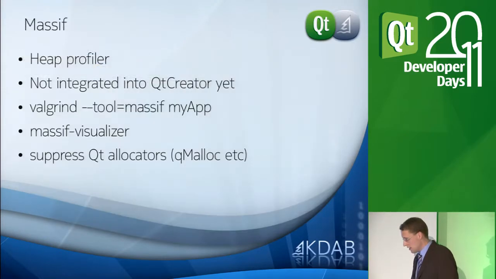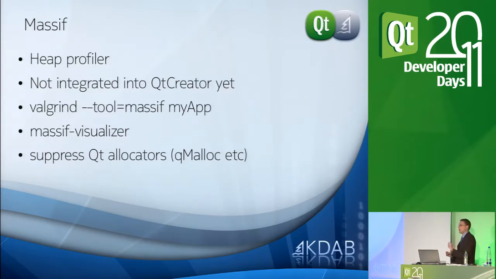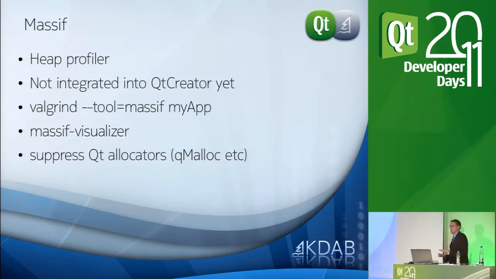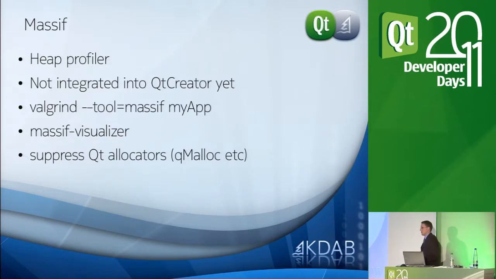OK. And yeah, the final tool I want to show here is called Massif. And that logs all your memory allocations and deallocations and basically a call graph where they are coming from. And that way it gives you a heap profiler.